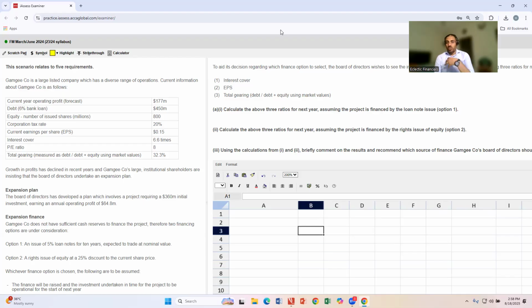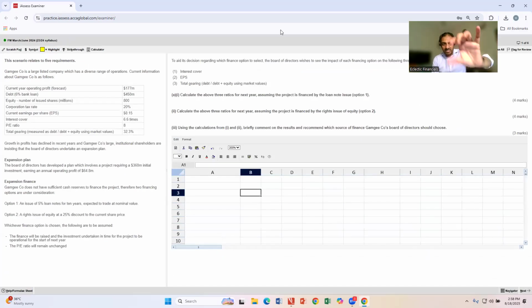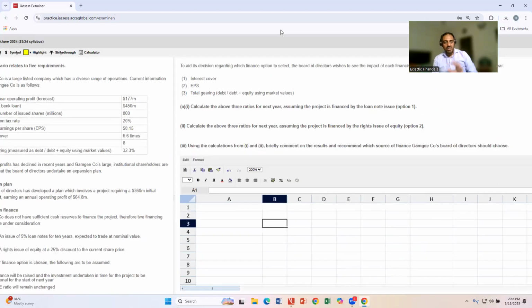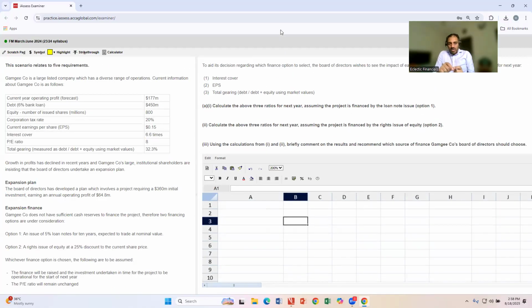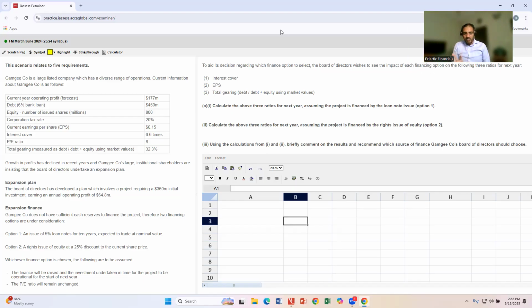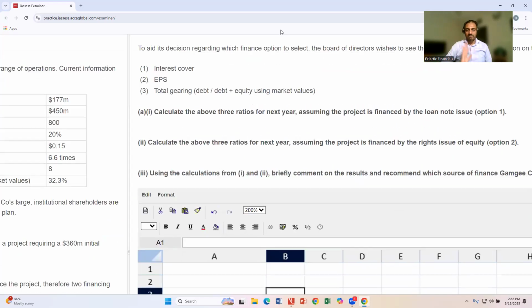Assuming I am a student sitting in the examination hall, I open the section C question.